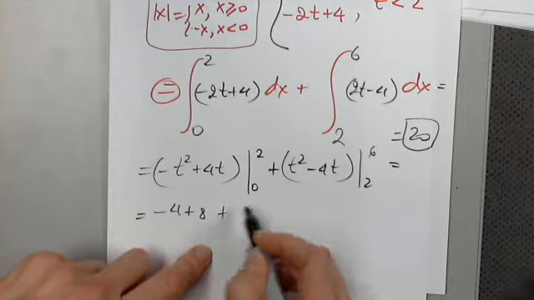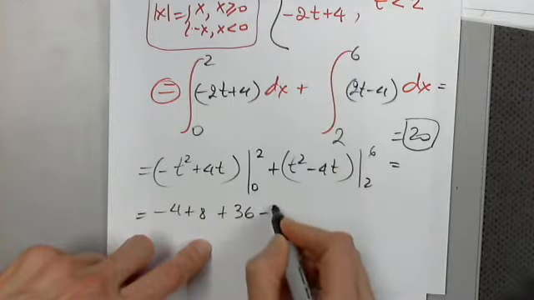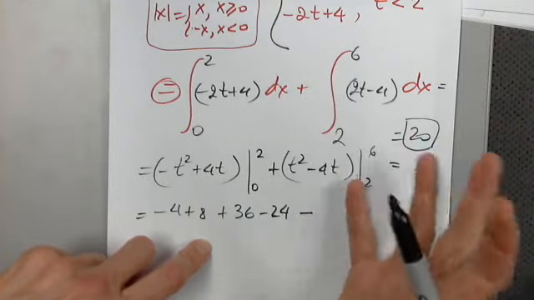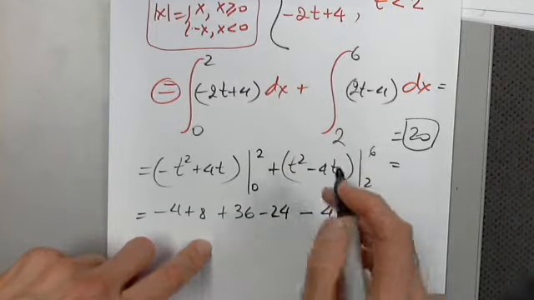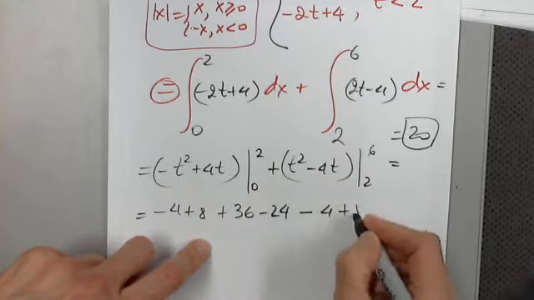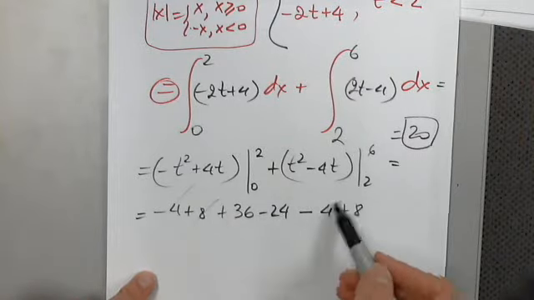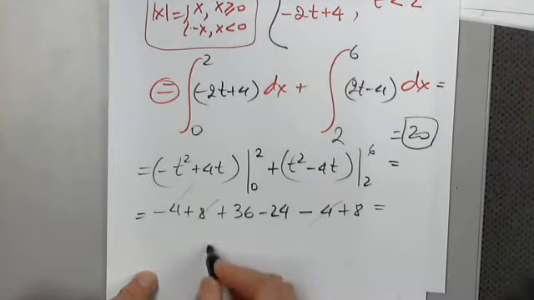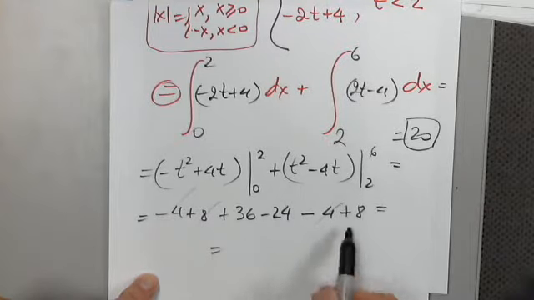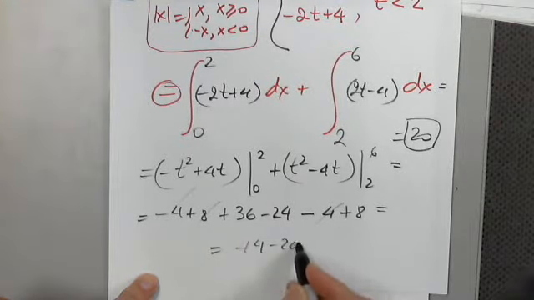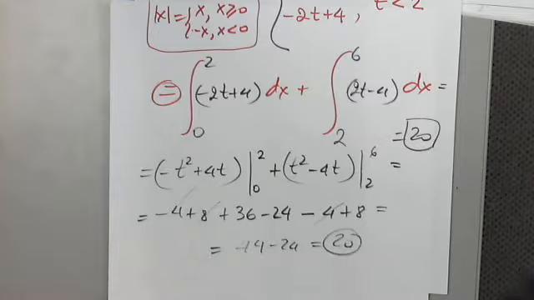But here, I have 36 minus 24, minus when I plug in 2, and then minus I have to distribute, plus 8. So these 3 go away. Then this is 44 minus 24. I agree with 20. Well done.